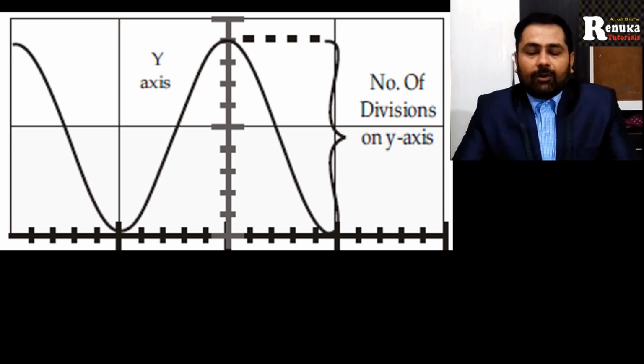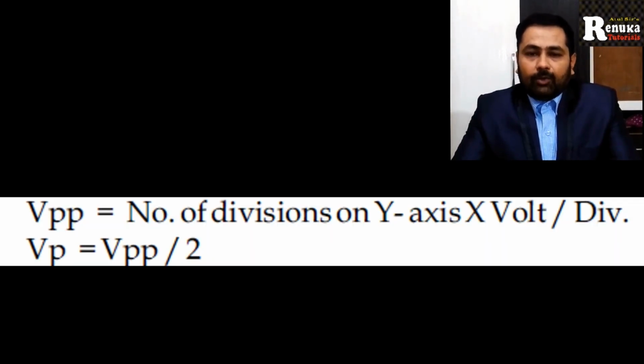So the highest peak of the sinusoidal wave should match on the y-axis. Here the peak to peak voltage is calculated with the same formula: number of divisions on the y-axis multiplied by volt per division. Now we get the peak to peak voltage. If you divide it by 2, we get the maximum peak voltage.